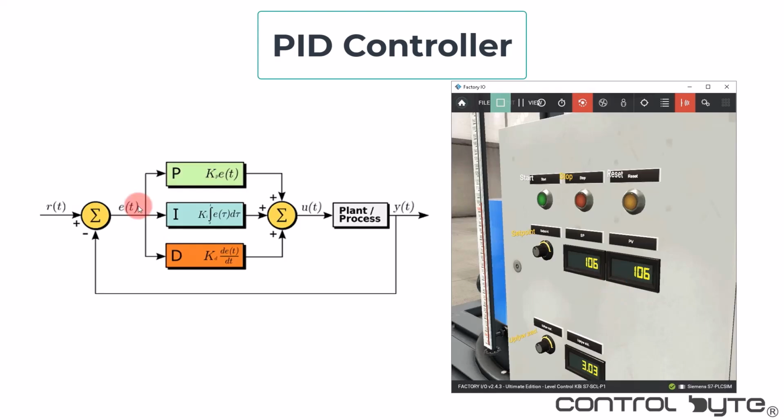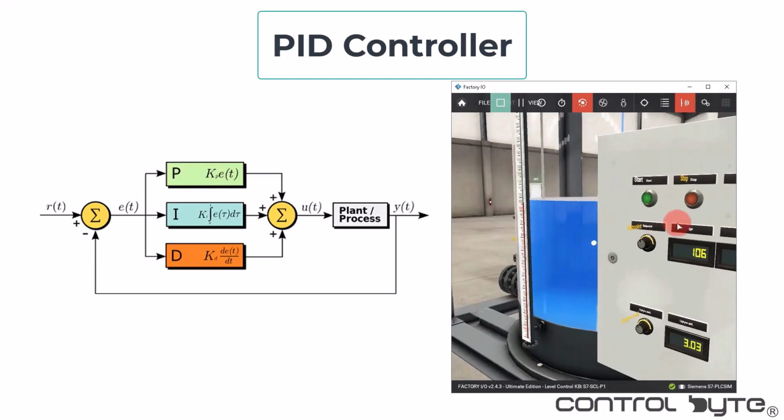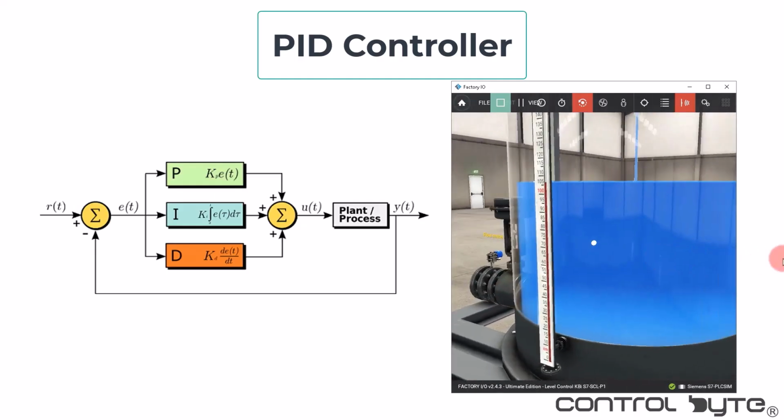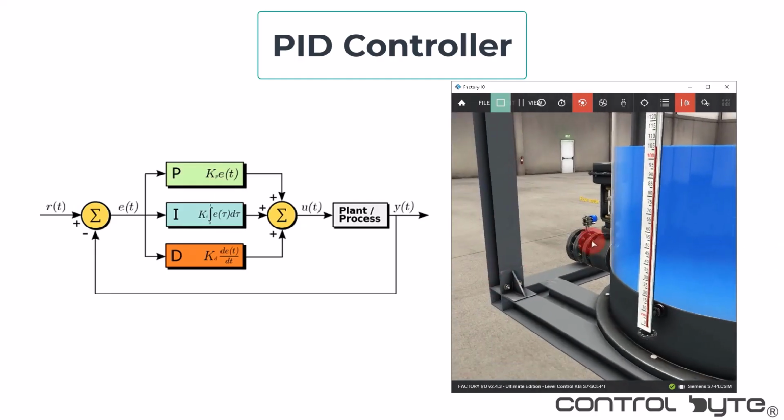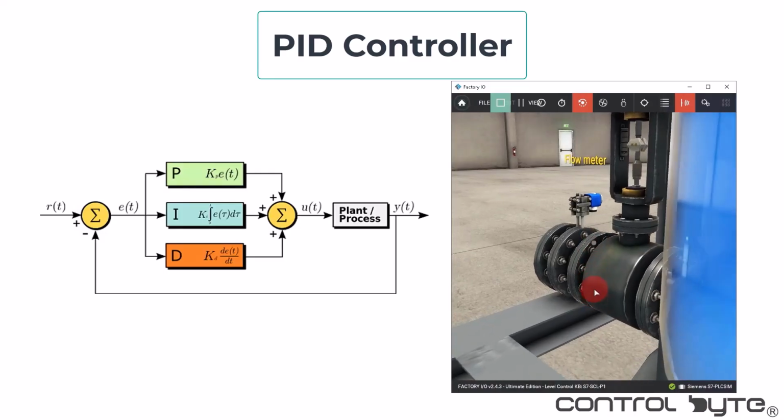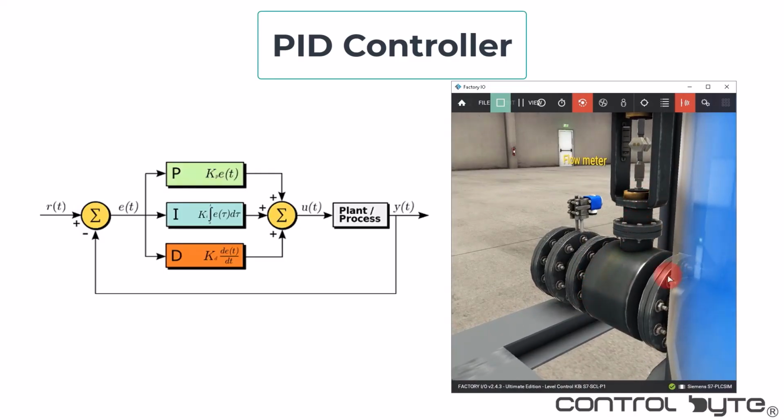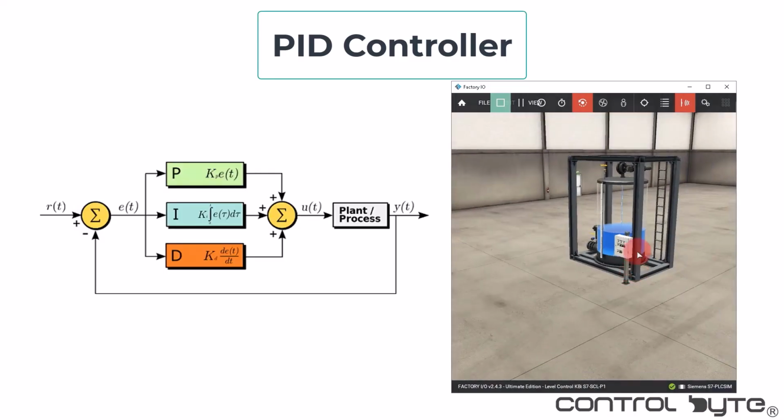Based on the error signal, we calculate the control signal generated by the controller. The control signal U of t in our simulation will look like this. U of t value is converted into analog outputs that control two valves.